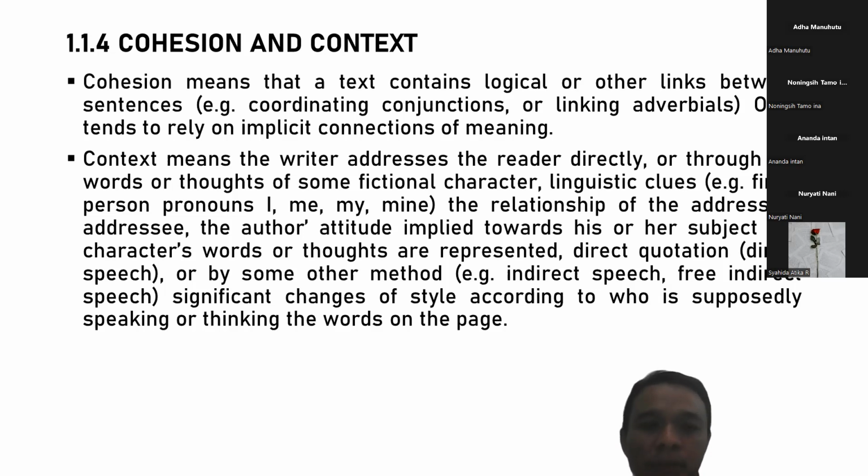So in other words, context is regarded as the elements including the thoughts of some fictional characters, the relationship of the addresser and addressee, and some other methods, for example, indirect speech, free indirect speech, and significant changes of style according to who is supposedly speaking or thinking the words on the page.